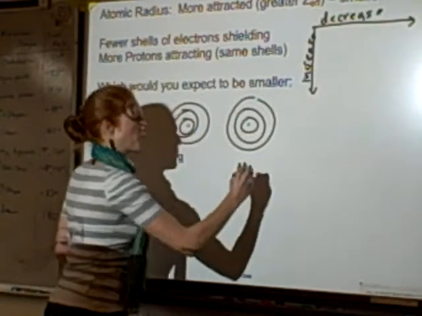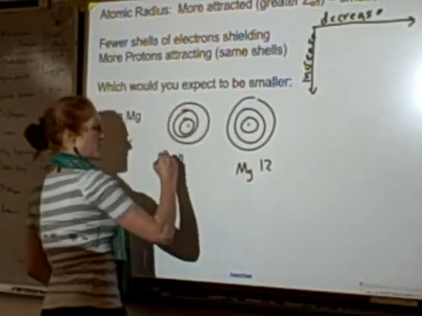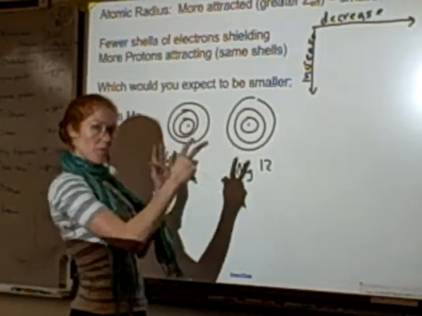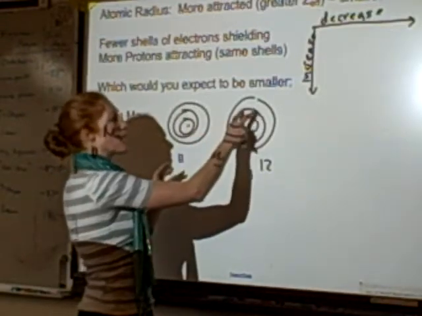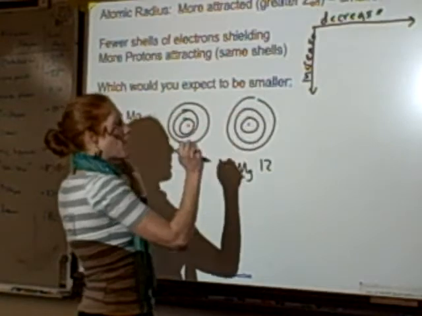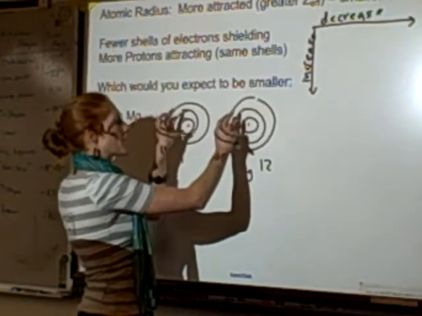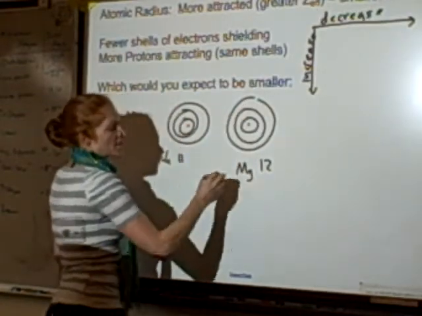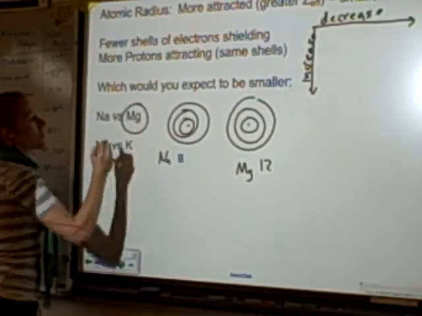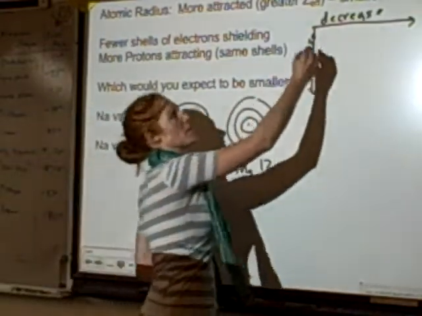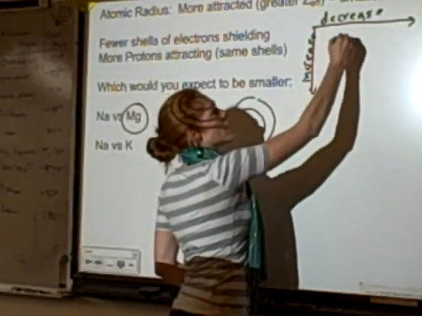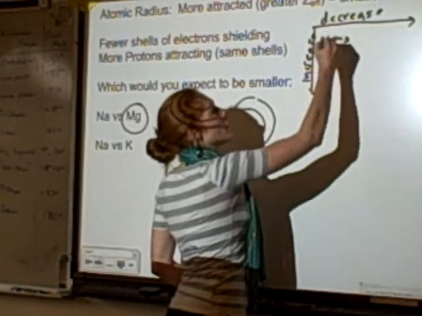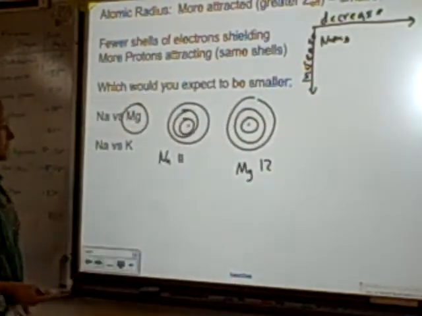Magnesium has 12 protons attracting its electrons. So with the same number of shells, so the same amount of blocking going on right here, but more protons to attract the outer electrons, this guy is going to be smaller because it draws its electrons in more. And that's what I expected, because we said, magnesium's here, sodium's here. It should be smaller because we decrease across.